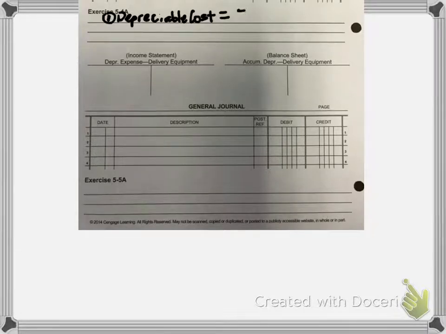So our original cost in this problem was $7,200. They said that there is no salvage value, so 7,200 minus 0 tells us that our depreciable cost, the amount we can depreciate, is $7,200.